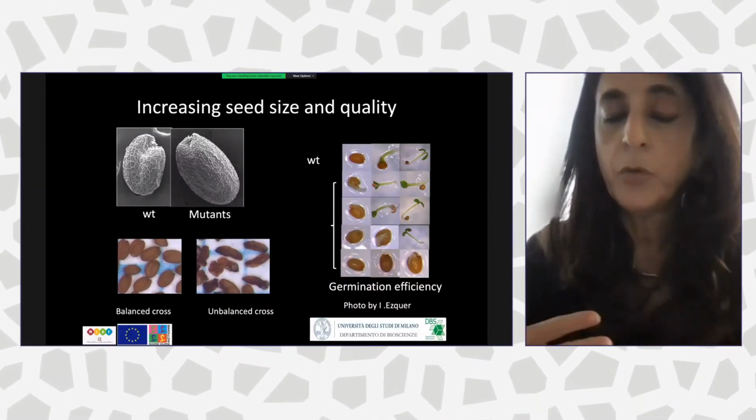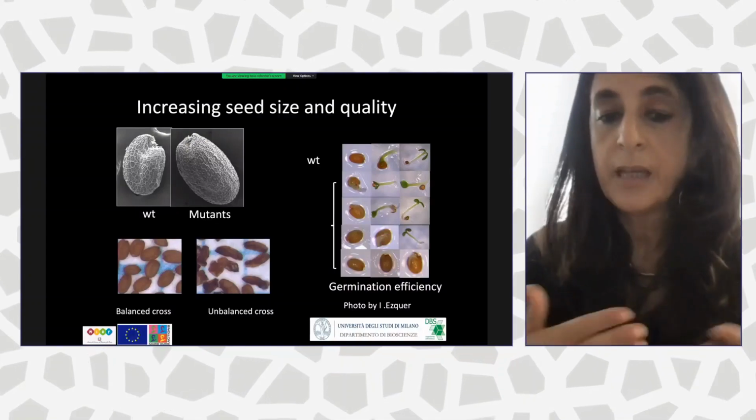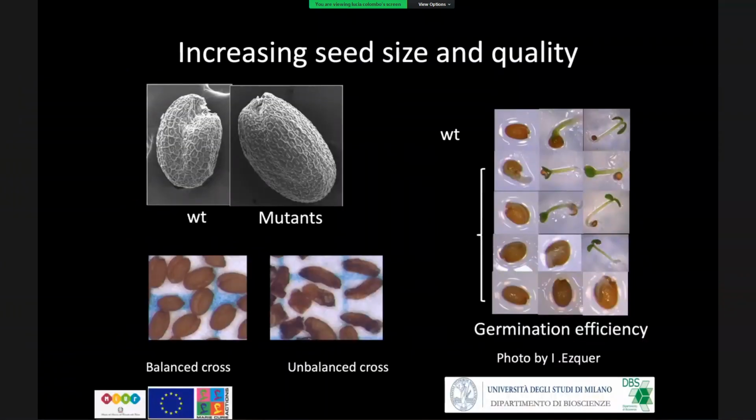There are a few groups that are also investigating these topics. Here there are some pictures in which you clearly see how seeds could be formed with increased quality characteristics in both balanced and unbalanced crosses. And when I talk about seed quality, I mean also germination efficiency.